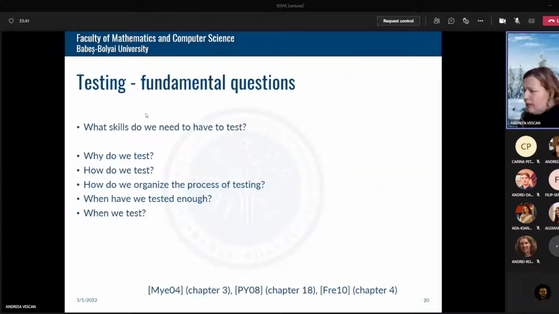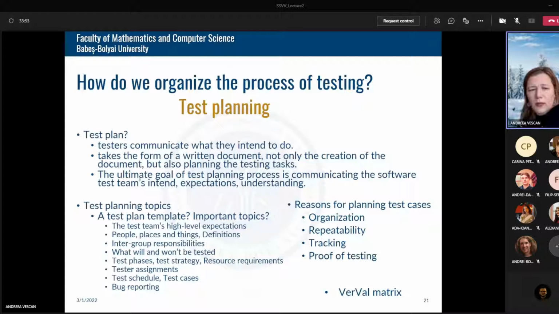Another important question is how do you organize the process of testing, right? Because we said earlier that it's an empirical technical investigation, right? You need to organize something. So as we talked about earlier with detectives and testers, we also talk about having a mindset, right? Having a way of thinking, right?